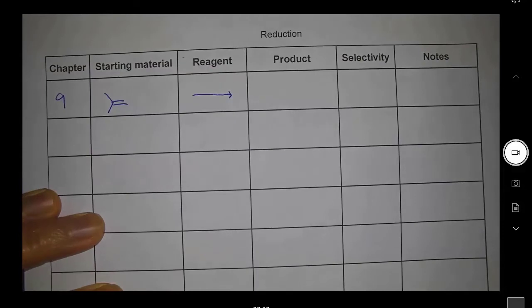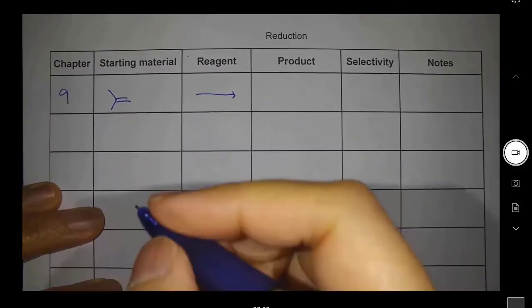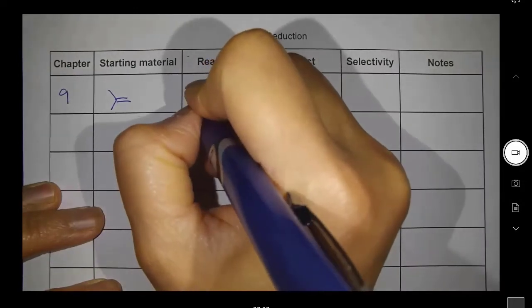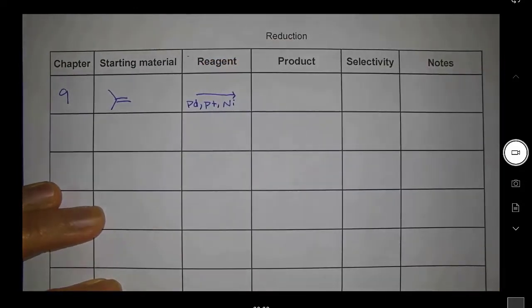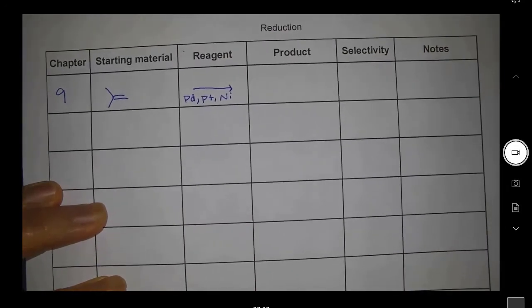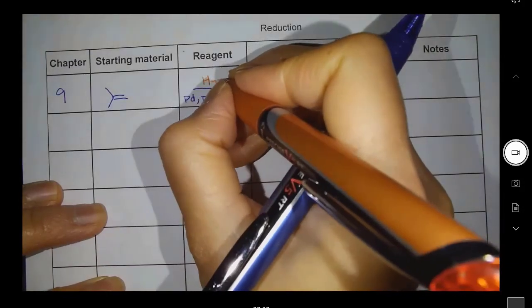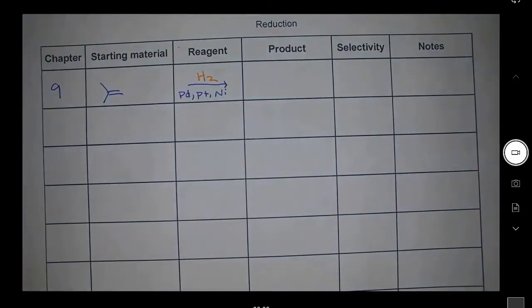So same generic alkene. This one's going to involve hydrogen with any metal catalyst, so it can be palladium, platinum, or nickel. We have H2 gas.